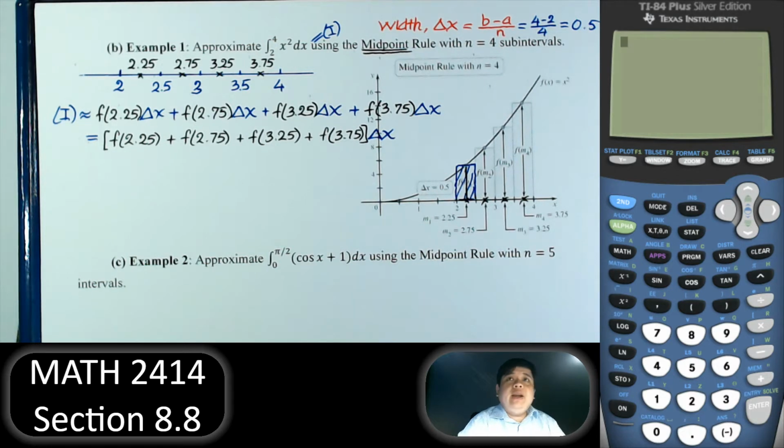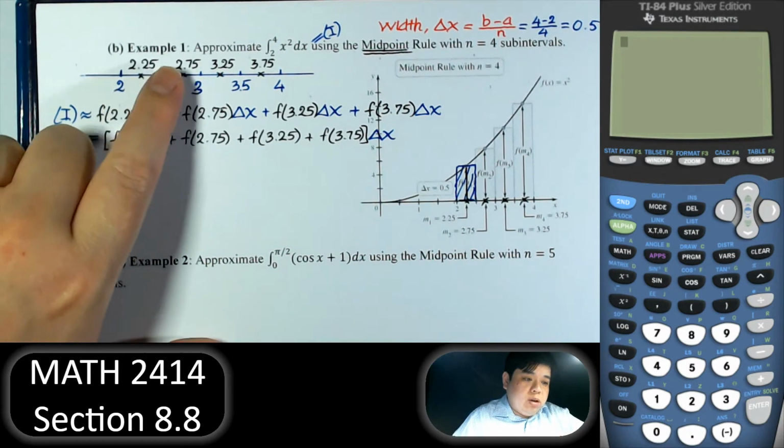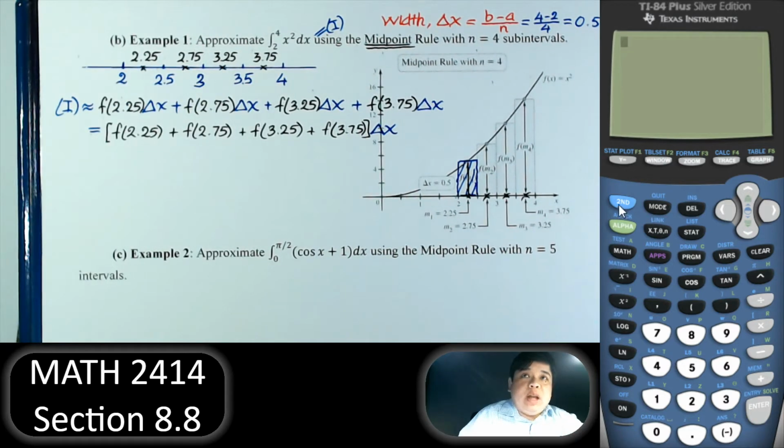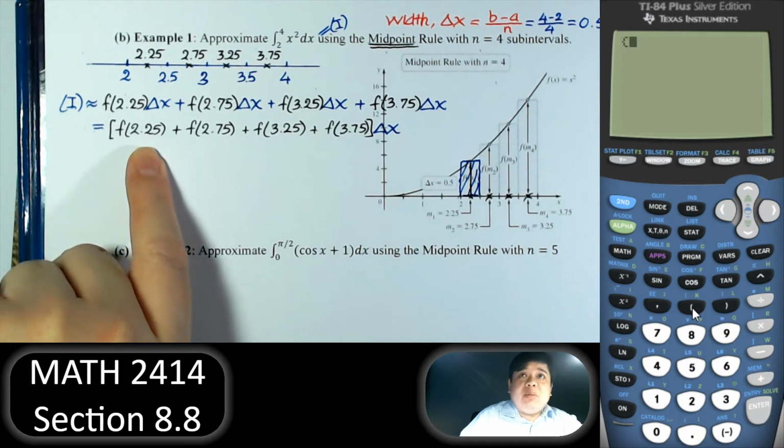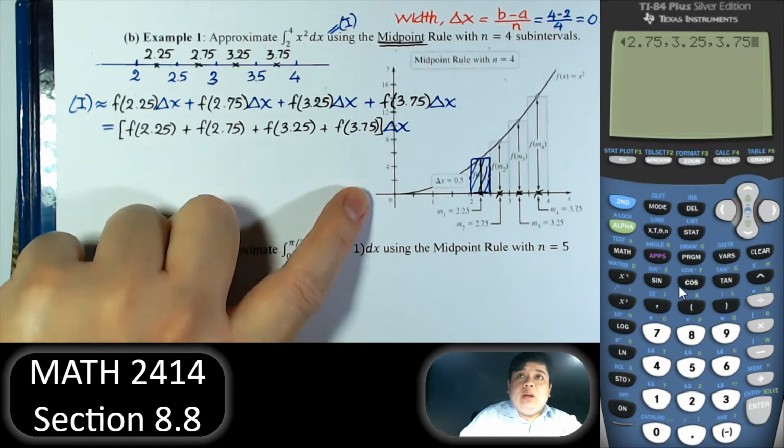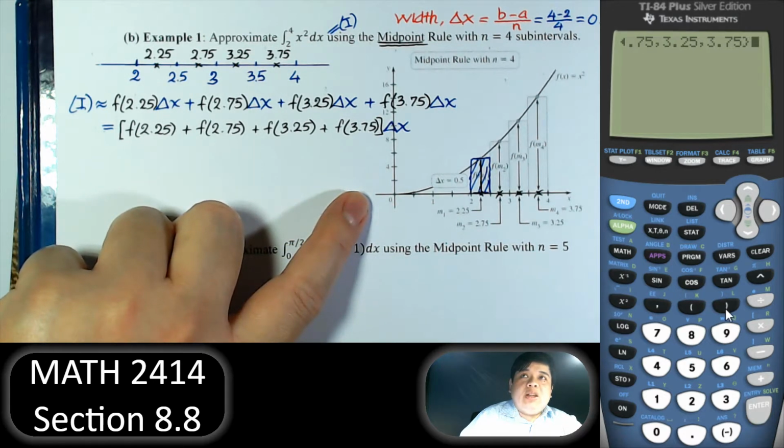Right. Now, first we're going to enter the midpoints. I will do that using the curly bracket. You see above the parentheses, there's the curly bracket, so hit second, open parentheses. I'm going to enter the numbers 2.25, comma, 2.75, comma, 3.25, comma, 3.75, and that's all of the points. Then second, close parentheses to close the bracket.